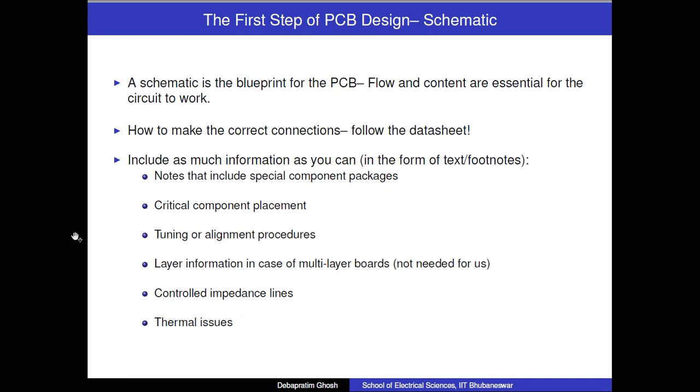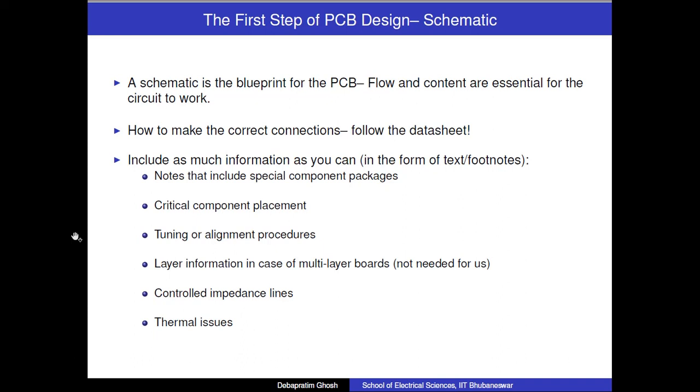So for example, if the schematic can include information about different packaging of the ICs that are used in the design, then critical component placement. There are some components that have to be placed away from the others, for example, to avoid heating effects. Tuning or alignment, this is very important. If there is some tuning element or the alignment of the components has to be done in a particular manner.